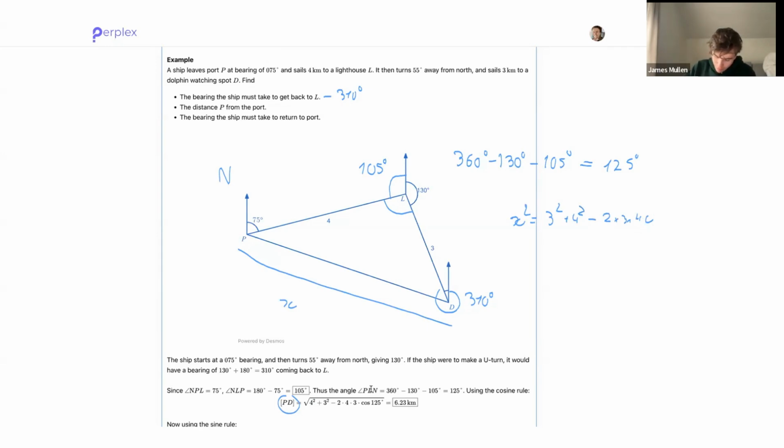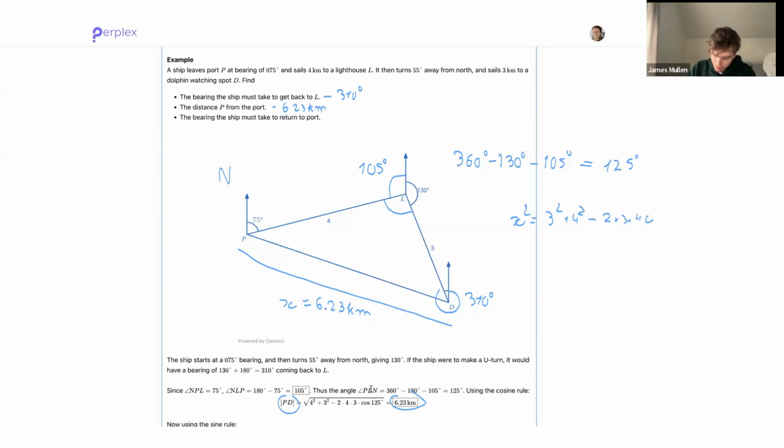And if you calculate that, you will find that PD, this distance, is 6.23 kilometers. All right. So this is 6.23 kilometers.